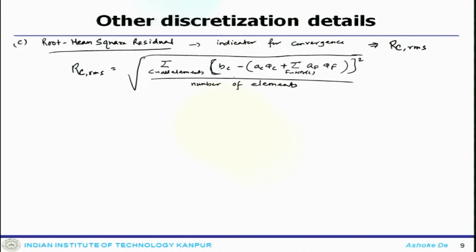So, you go over all the cells and take the sum of the individual cell residuals.